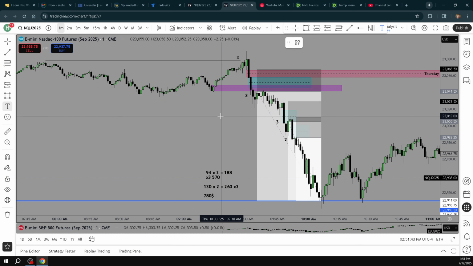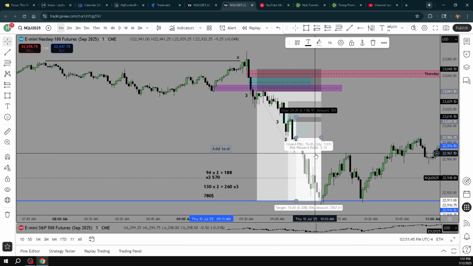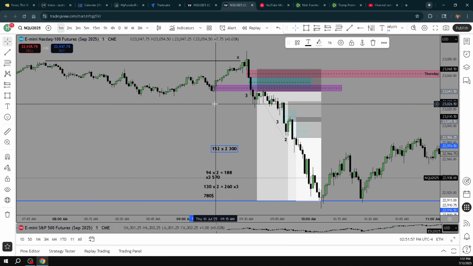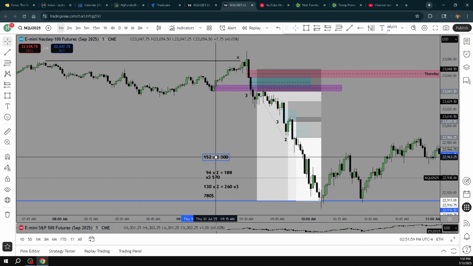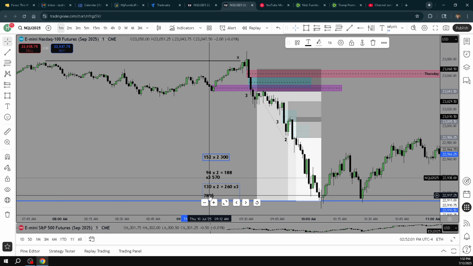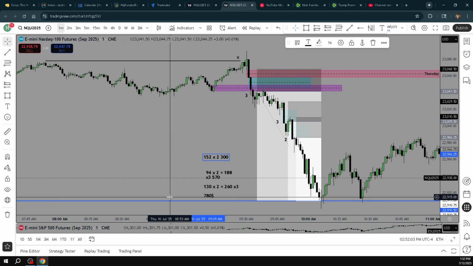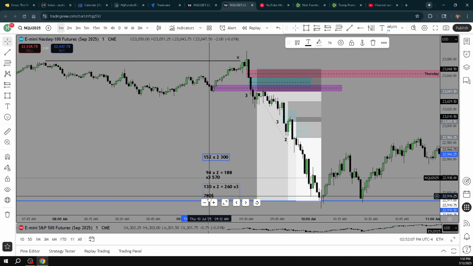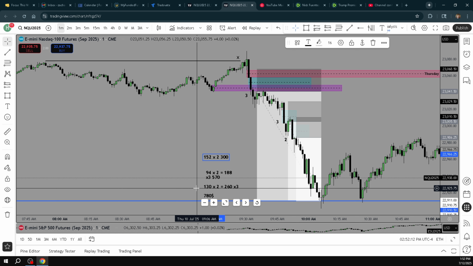And then the third position, this one was 76 points times 2, be 152. Then times 2 contracts, so let's just say $300, just to round it. So 300 plus 570 plus 780. That's insane. Wait, what am I doing?